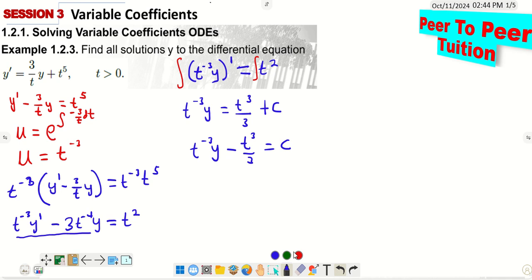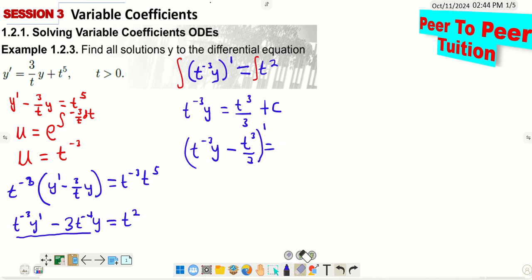Then when I take a total derivative of it, the derivative of a constant will be 0.